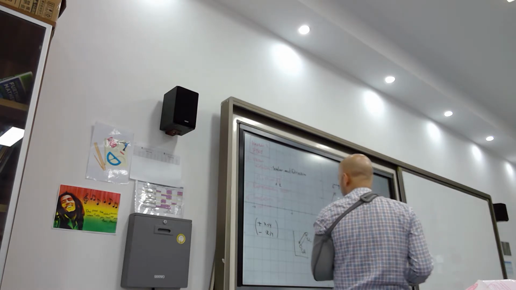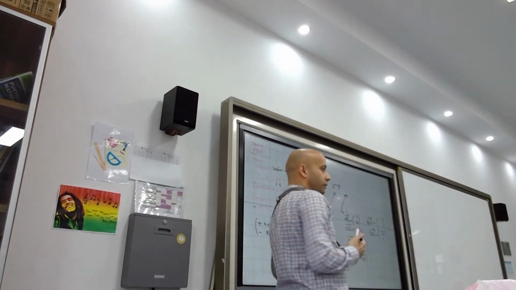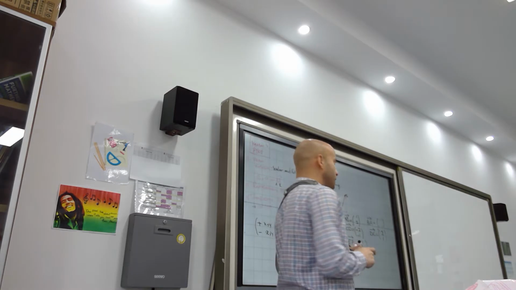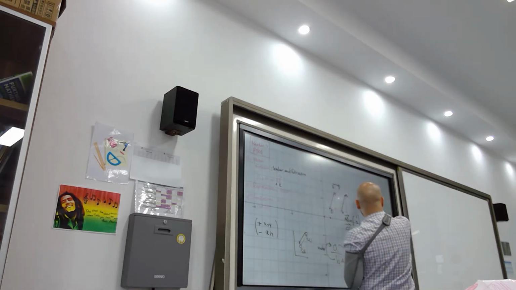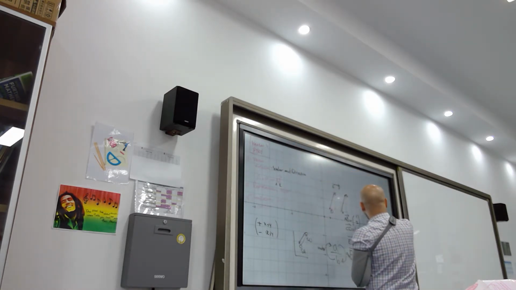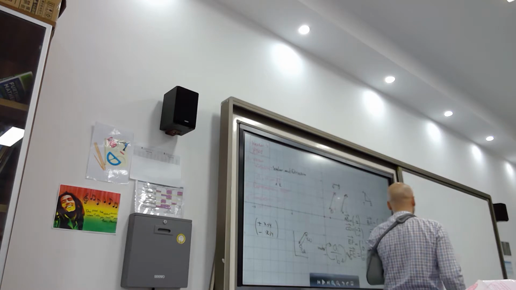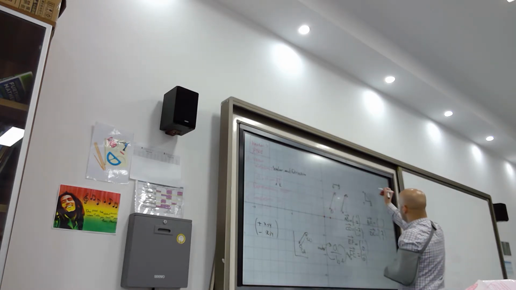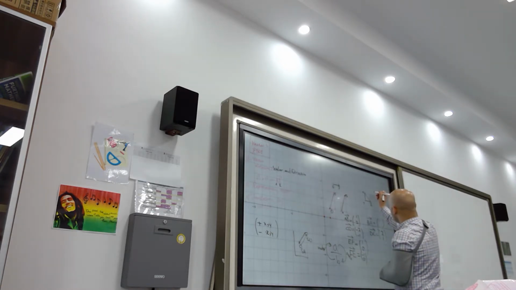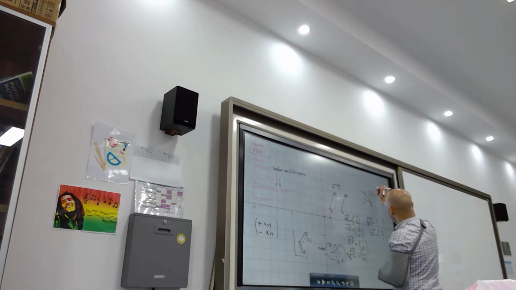Then we're talking about translation by vectors. If you remember, we used to do translation. For example, if you have this triangle, I call it X, Y, Z. Then I got another one, call it X prime, Y prime, Z prime.